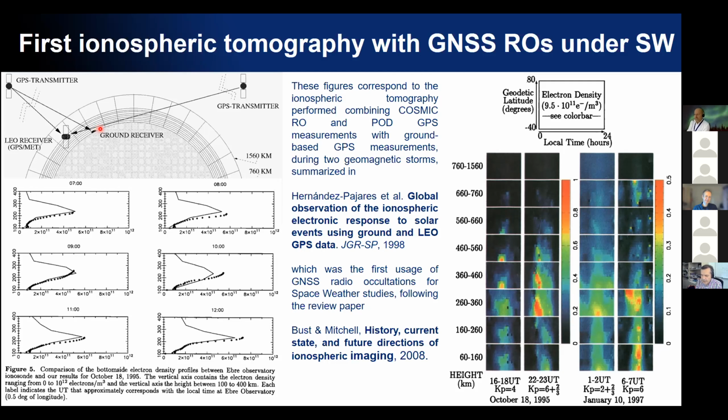This was also in 1998. This was the first time this was done using radio occultation data for space weather studies, following Bast and Mitchell in 2008. So this is, of course, another important application.